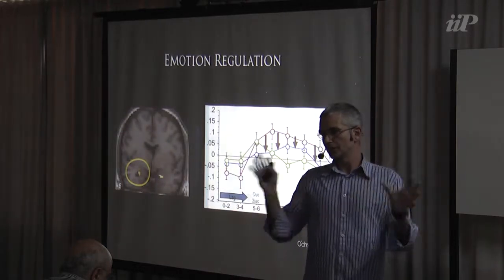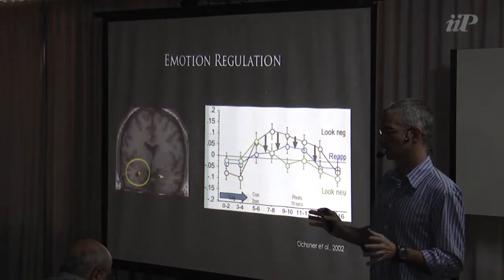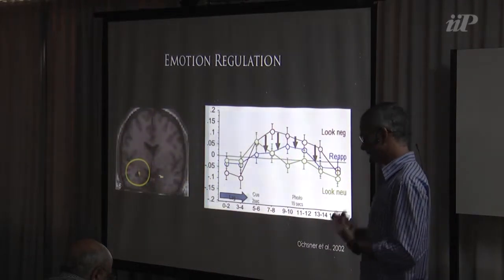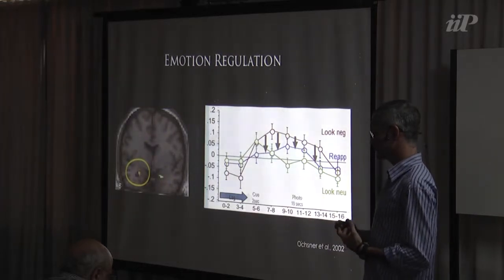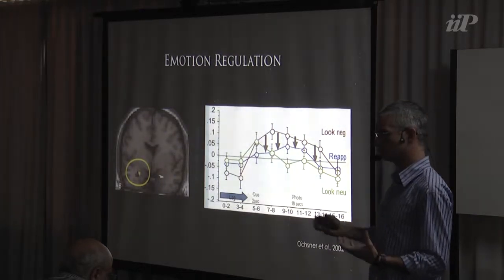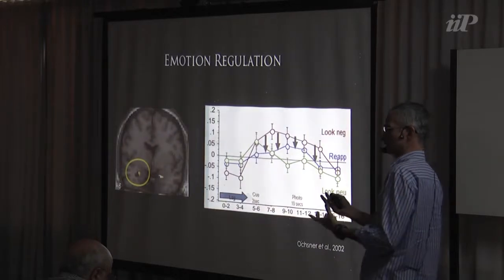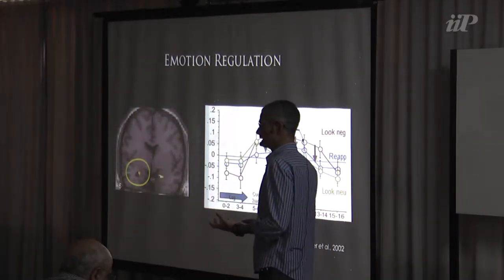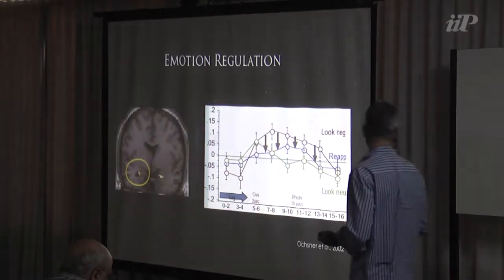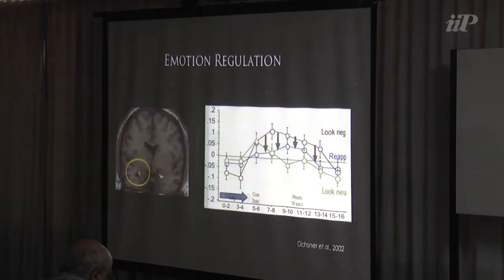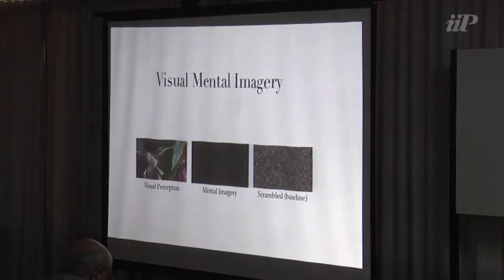So with this substance, we decided to try to understand the neural basis of some of these processes. The first process that we looked at was the visual mental imagery system.